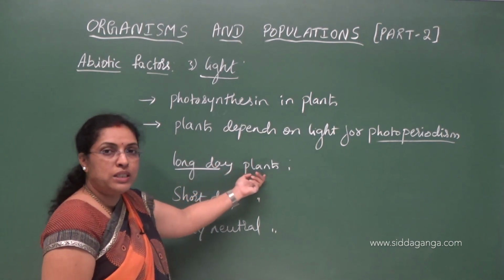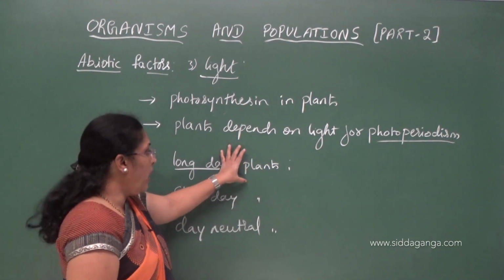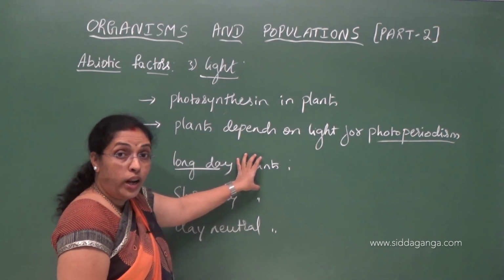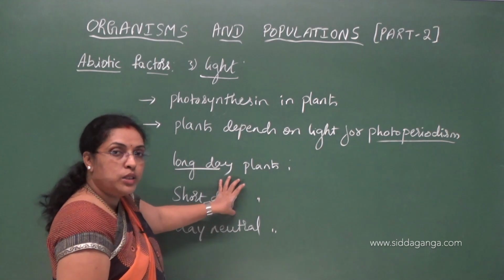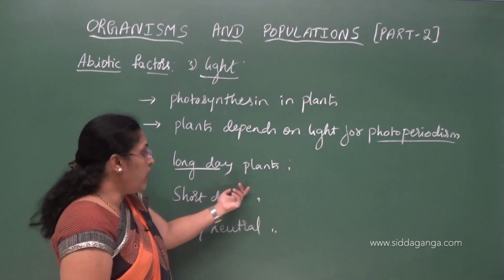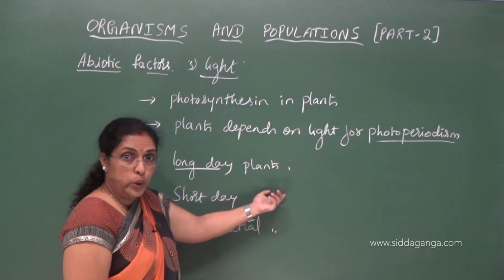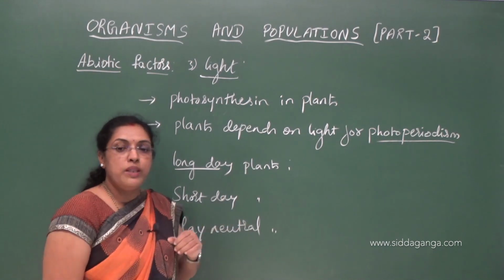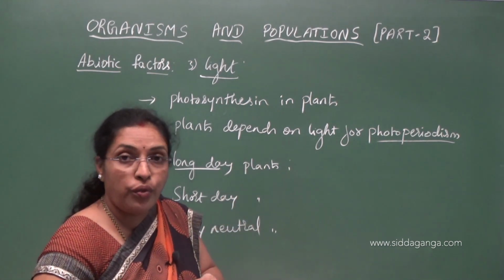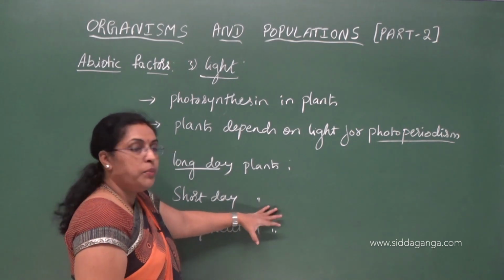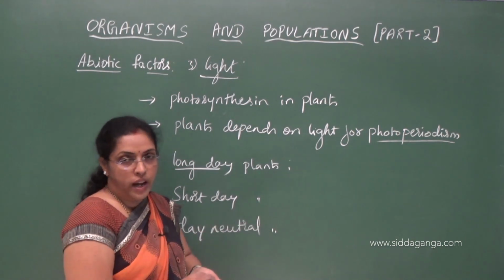Long day plants require exposure to sunlight for more than 12 hours. Short day plants are able to flower when exposed to sunlight for less than 12 hours. Day neutral plants flower within 5 to 24 hours in a day. That means they are independent of light.